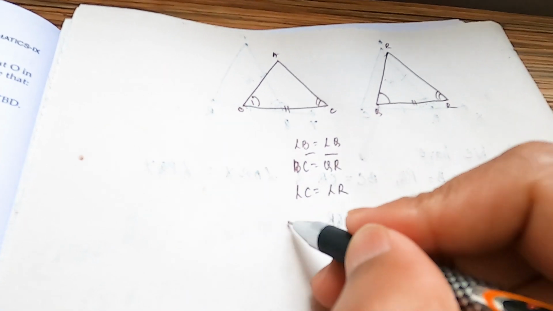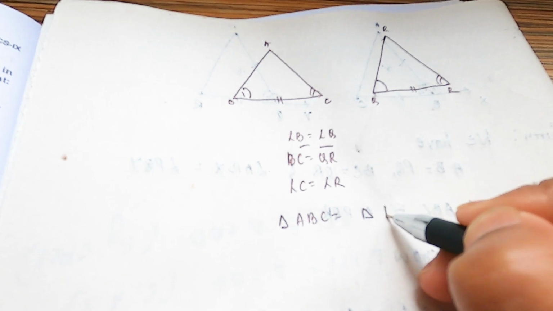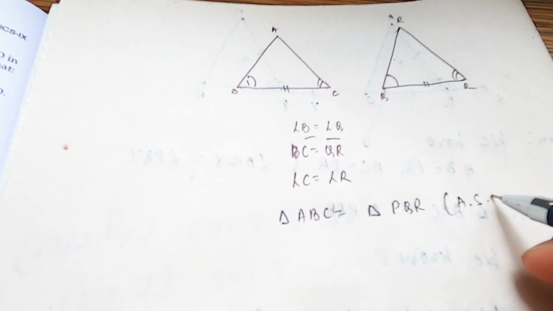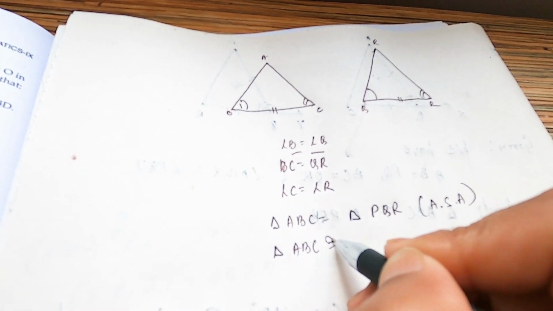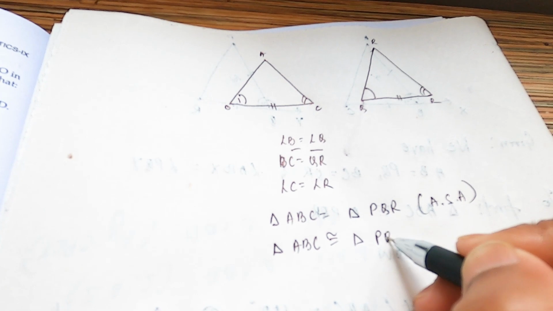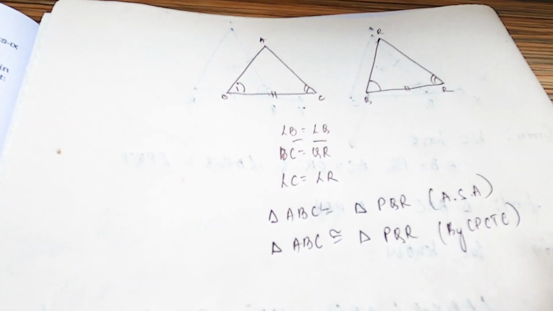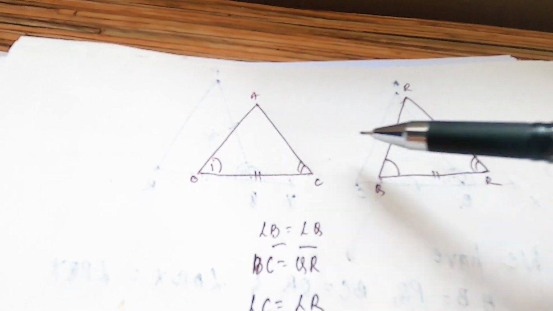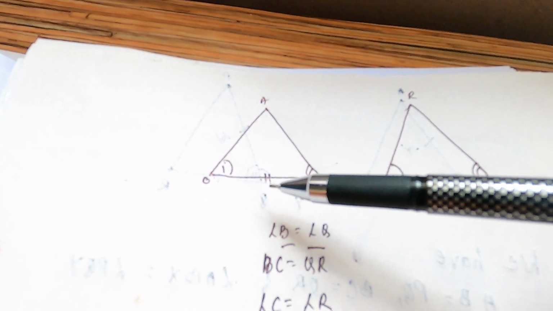All right, so it simply means that triangle ABC is equal to triangle PQR by angle side angle. So therefore triangle ABC is congruent to triangle PQR, all right, by CPCTC. It is exactly the same thing as side angle side, but in this case we will be showing angle side angle.